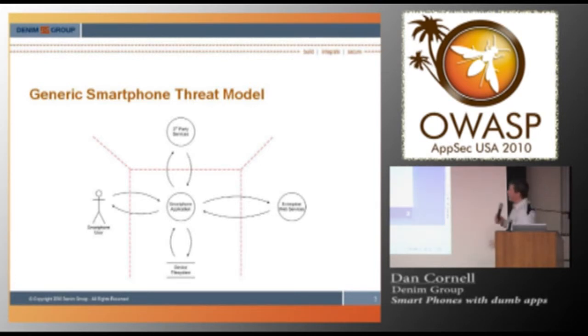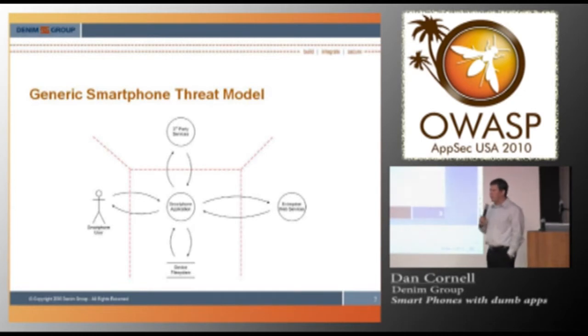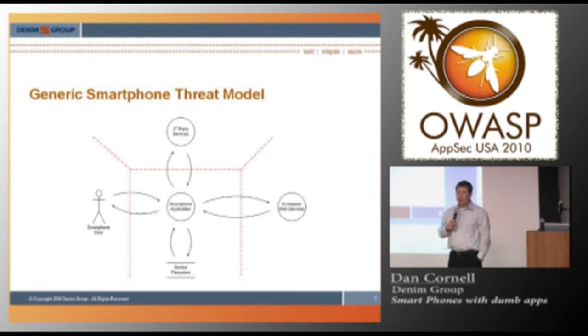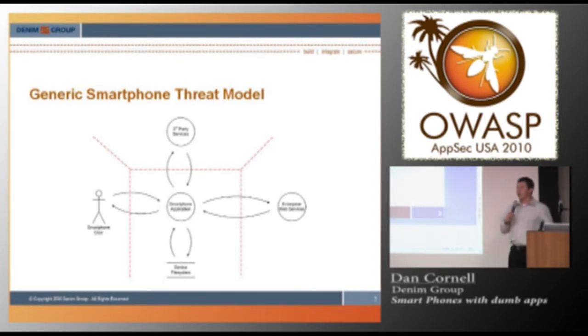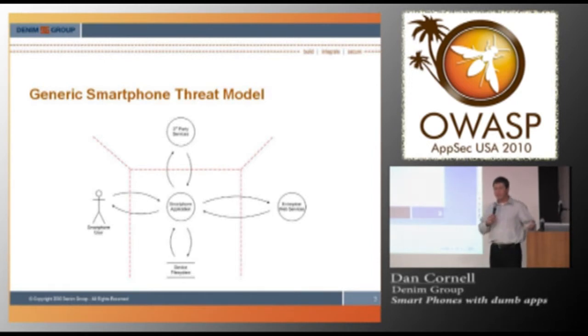So for a real generic threat model, looking at this application, you've got the smartphone user who's using a smartphone application. You probably have some sort of persistent storage on the device, and then the application is probably going out and potentially talking to third-party services you don't have control over, as well as talking back into your organization to services that are providing your organization's data.